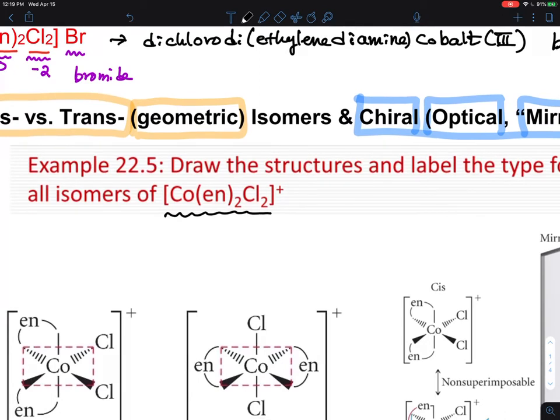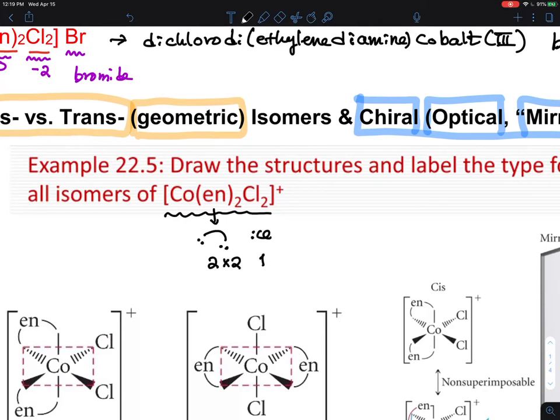You have to know this notation, what this really means. This is an ethylenediamine. It looks like this molecule with these two ligands, right? And the chlorine is nothing but this. It can have this one coordination. So what that means is one en means a two coordination, and there are two of them.